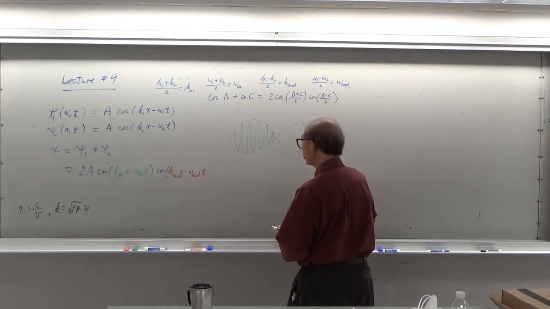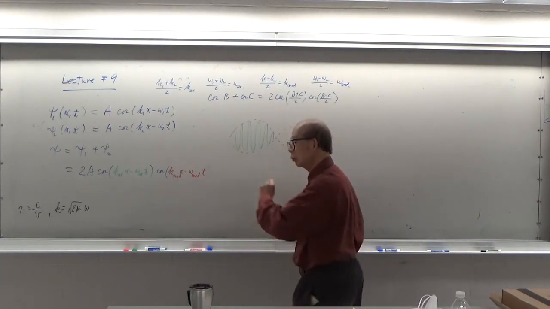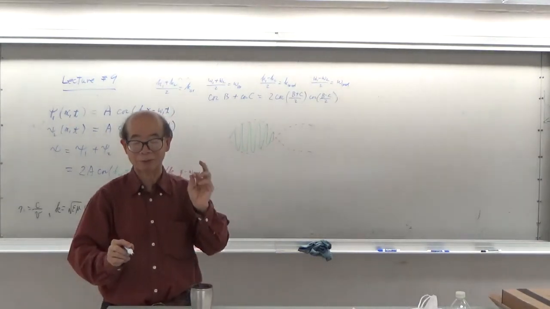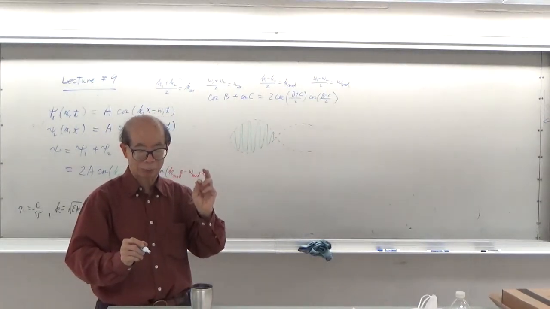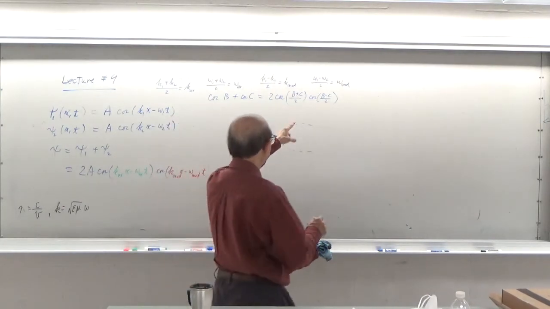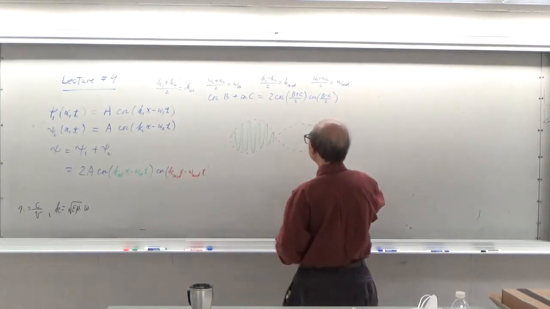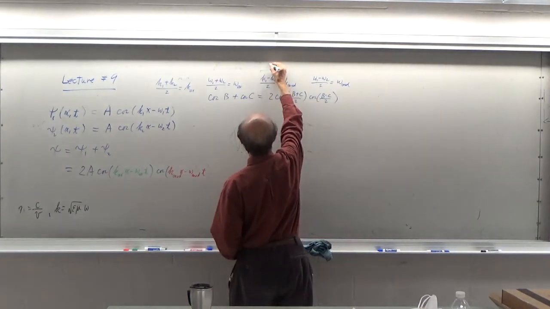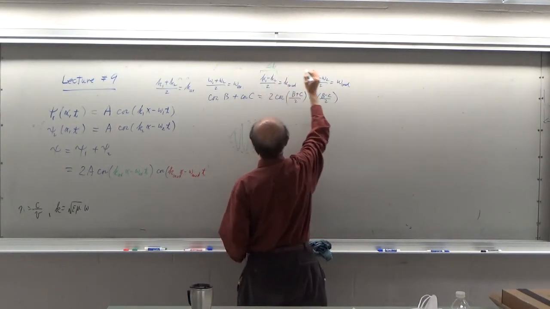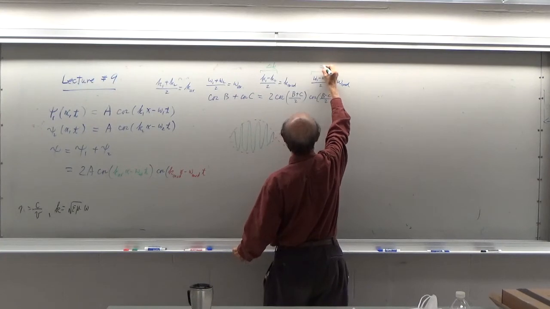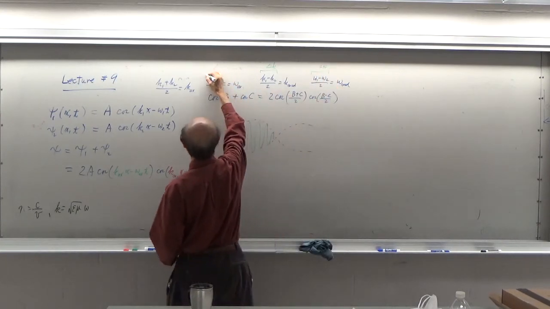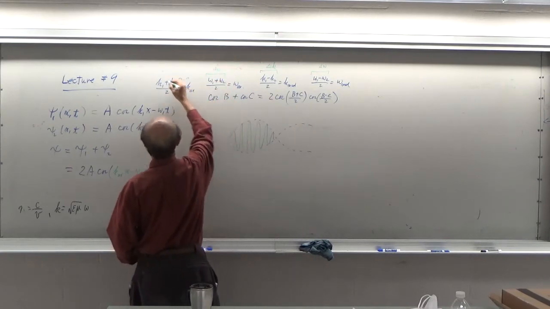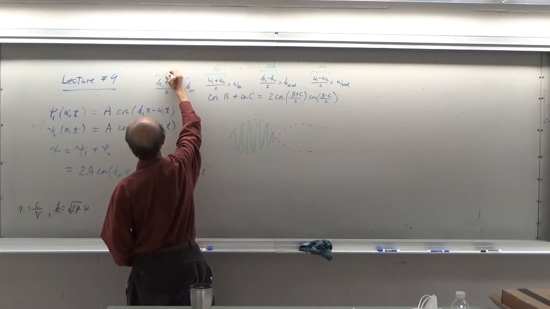Let's now imagine that k1 and k2 are infinitesimally off. They're different, but by an infinitesimally small value. Similarly for omega 1 and omega 2. So we call this delta k, and this is delta omega, and this is just the average omega, this is called omega, this is k.